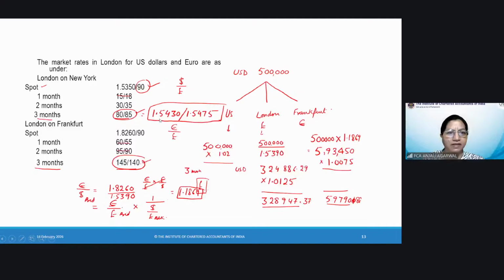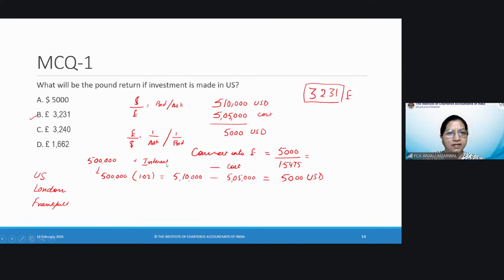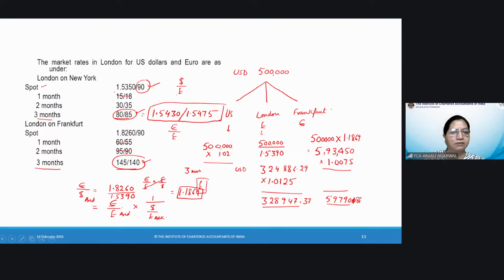First, let's get the rates from here. Dollar by pound, 1.53. I'll take another slide to do this calculation. Let me erase this.